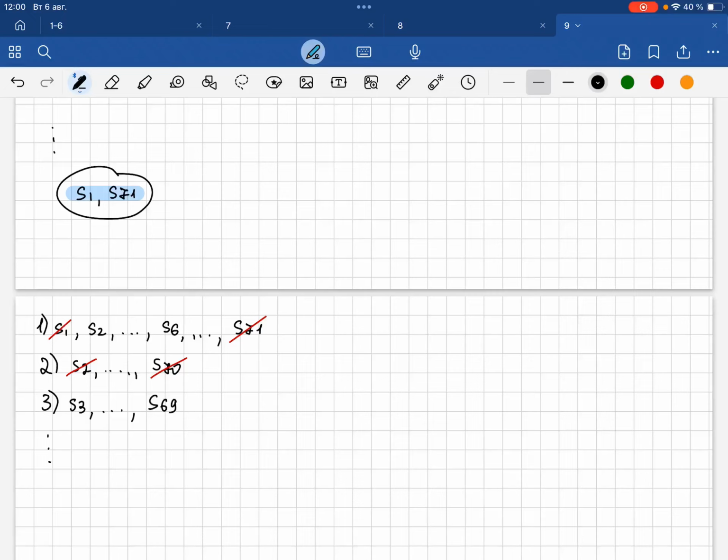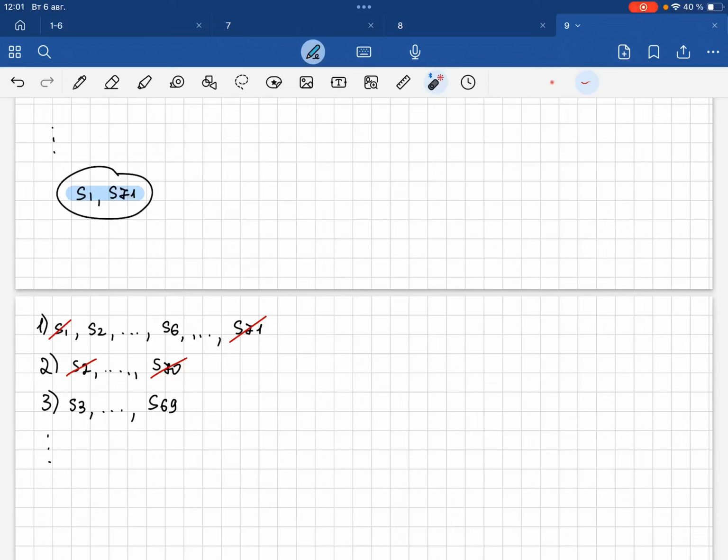So at the first stage, once again, we'll find extreme students from all the students in the group. Then we will remove these two students, S1 and S71, and at the next stage, we'll find a new pair of the lowest and the highest students from the group without these two students removed at the first stage, and so on.